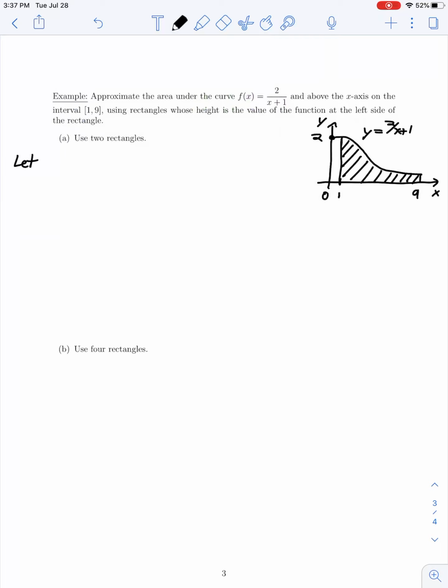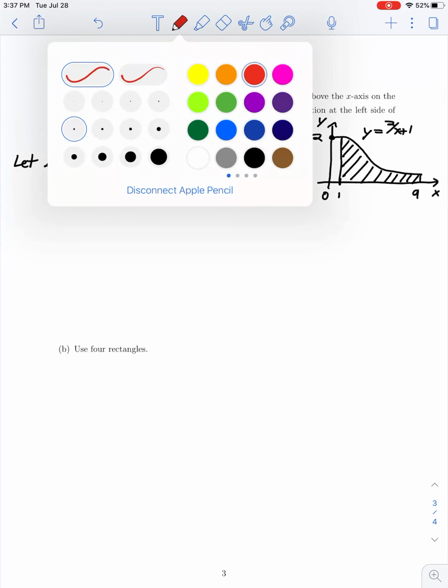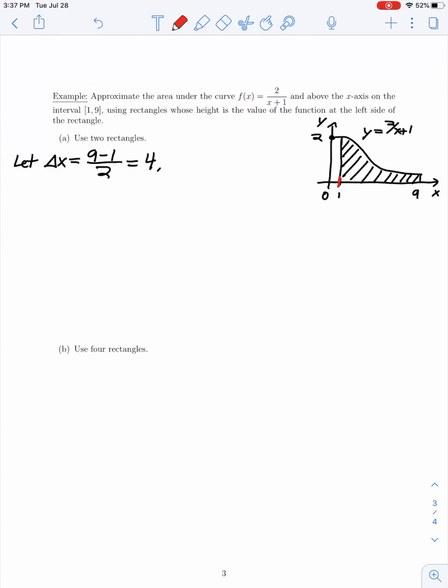For the width of these rectangles, we're going to use delta x, which would be the total length of my interval, 9 minus 1, divided into two equal pieces. So we would have 8 over 2, or 4. So that means for our rectangles, we're moving from 1 to 5, and then from 5 to 9. So each of these little subintervals has equal width delta x, which was 4.